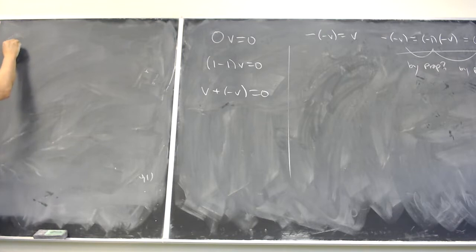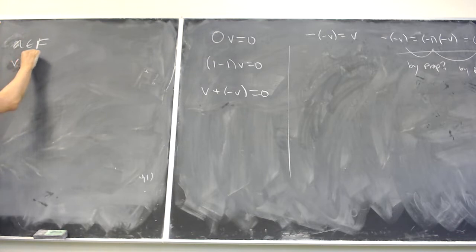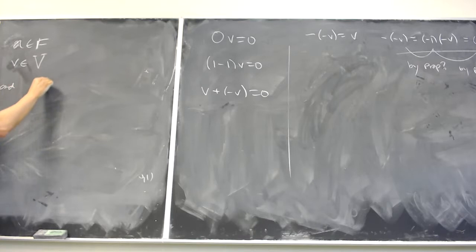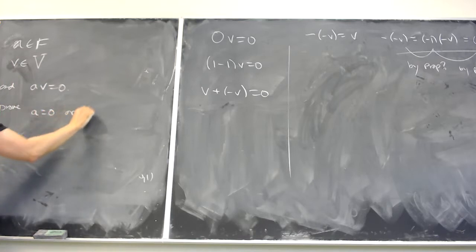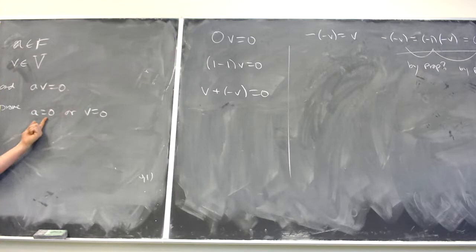So that's this one where you have A in F and B in V and AV is 0. Prove A is equal to 0 or V is equal to 0, where here you have to deal with the fact that these are two different zeros, right? That's the scalar 0 and that's the vector 0.